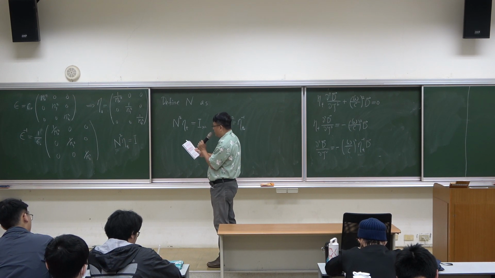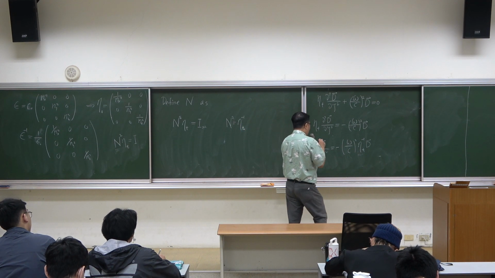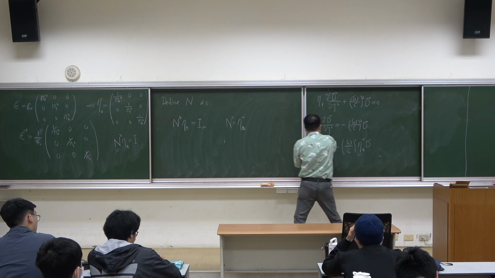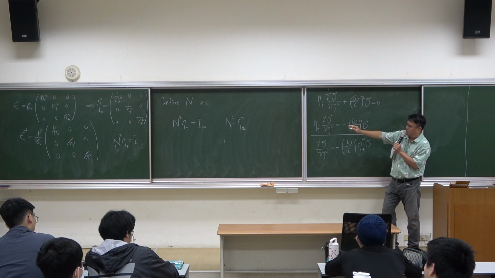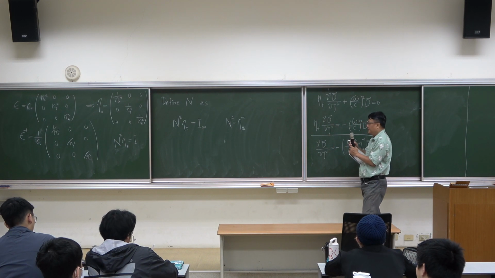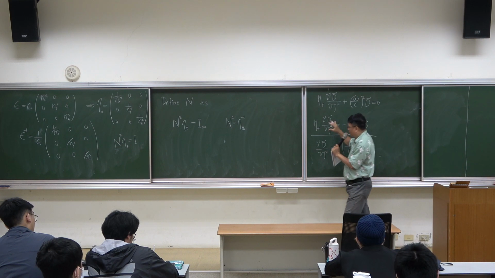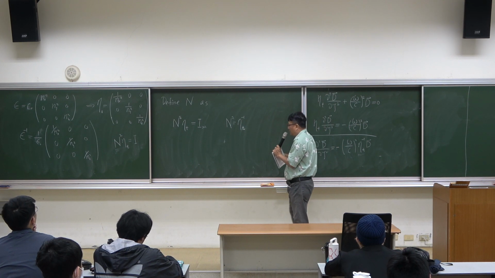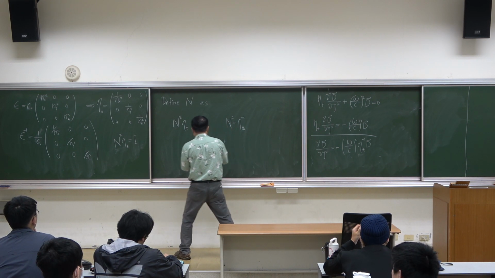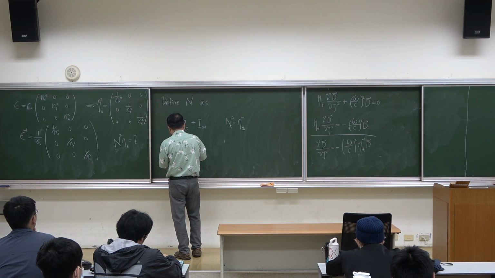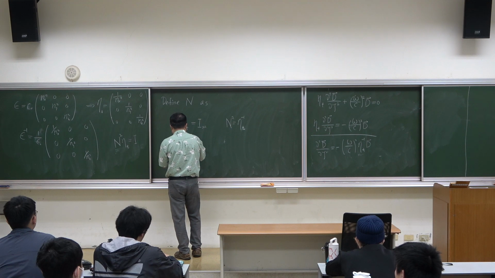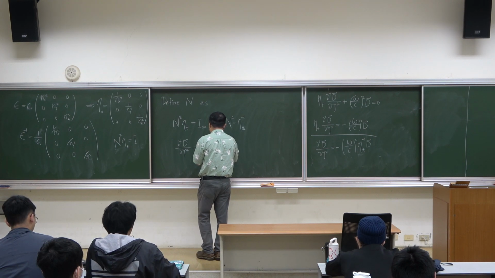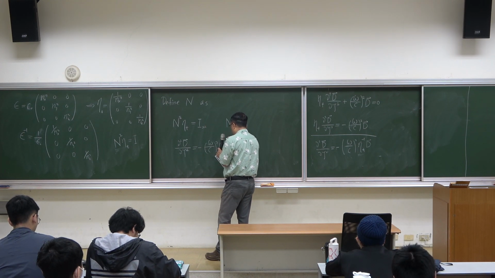If we can find such a matrix N squared, then this means that this equation, when I multiply N squared from the left-hand side to both sides of this equation, we get partial zeta squared b is equal to minus omega over c squared times N squared times b.